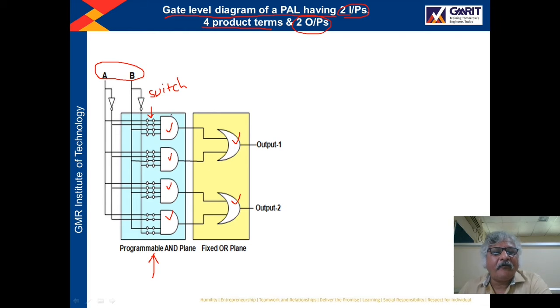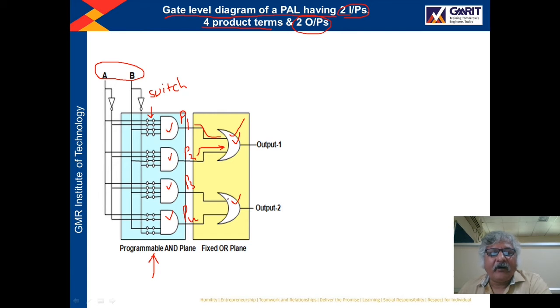So here the programming is done only in the AND plane. Now just see this OR gate in the OR plane. Suppose this is product term number 1, this is product term number 2, product term number 3, and this is product term number 4. This OR gate is connected to product term number 1 and product term number 2.